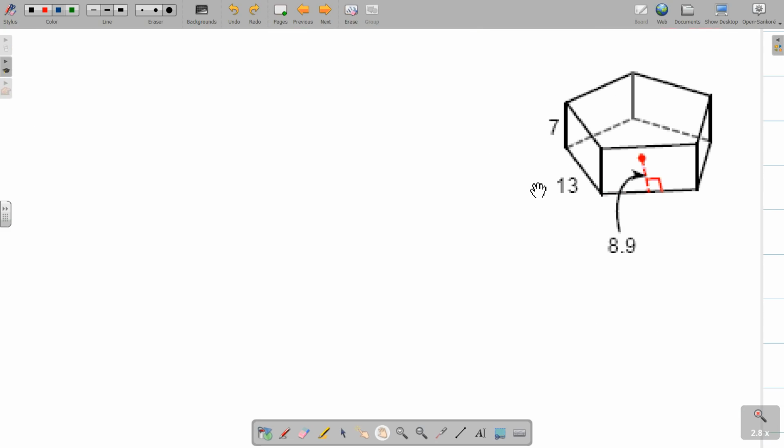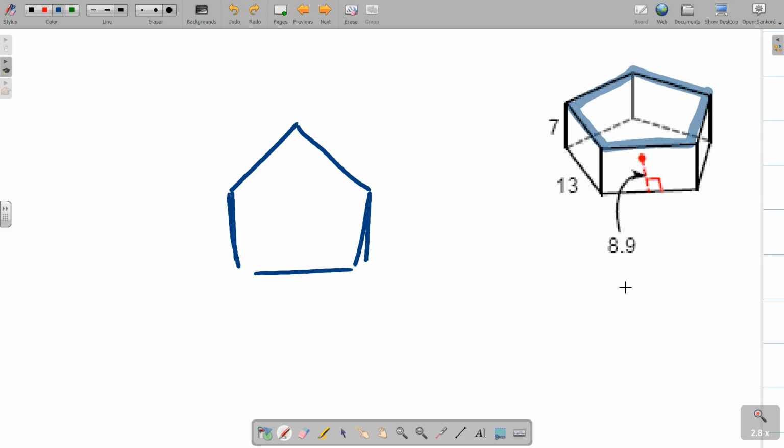Let's try this again. We're going to make a net of this hexagon. So I'm going to start by making my pentagonal prisms. And then attached to each one of those, we have 1, 2, 3, 4, 5 flaps, if you will.